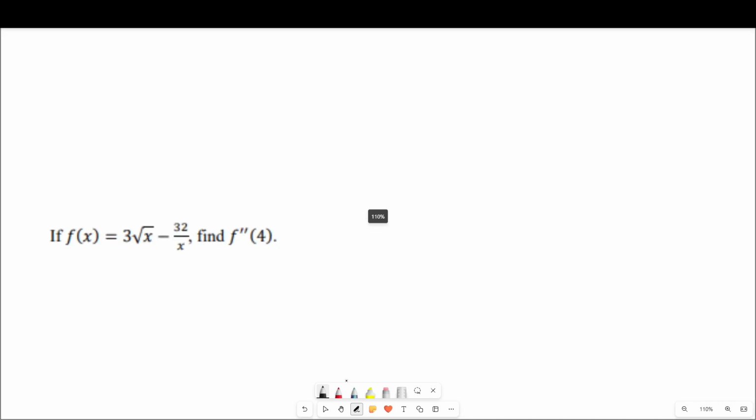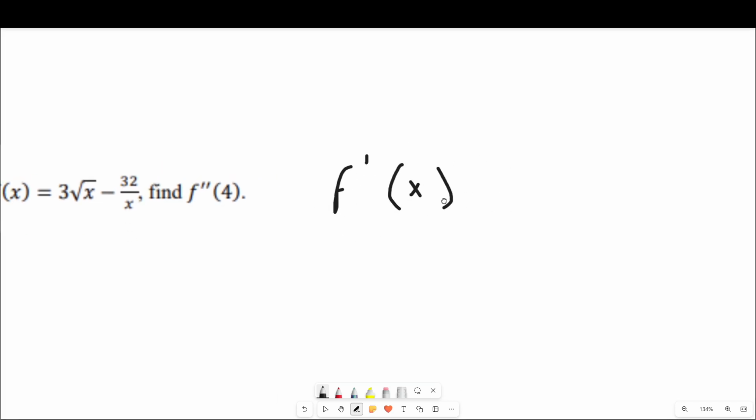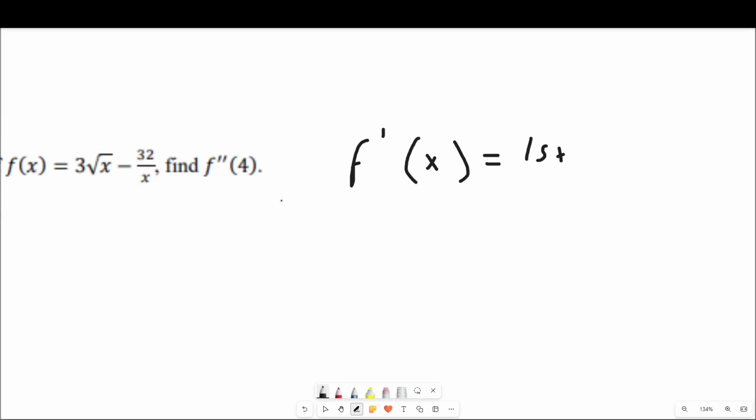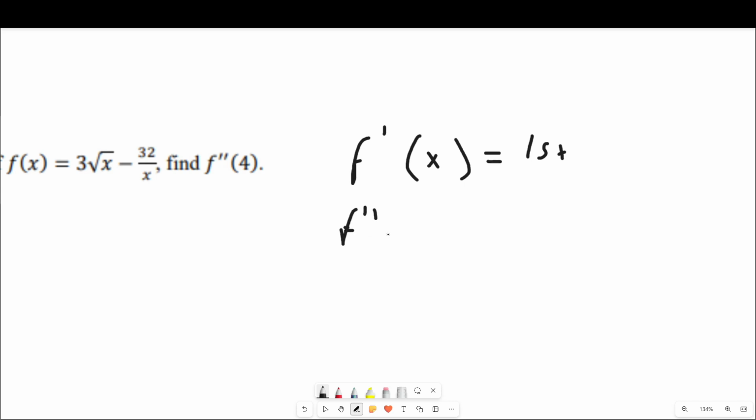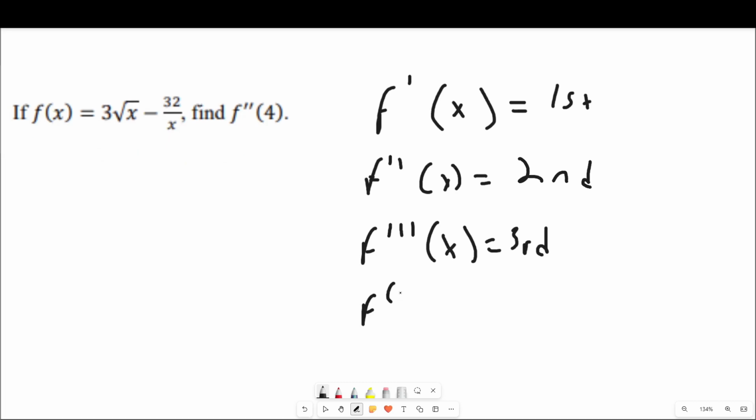When it comes to finding certain derivatives, if we have just one single line on top of the function, like f prime, that means first derivative. If we have 2, it'll be second derivative, and when there's 3, it'll be third. Then after that, it'll be numbers. So this will be the fourth derivative, and so on.